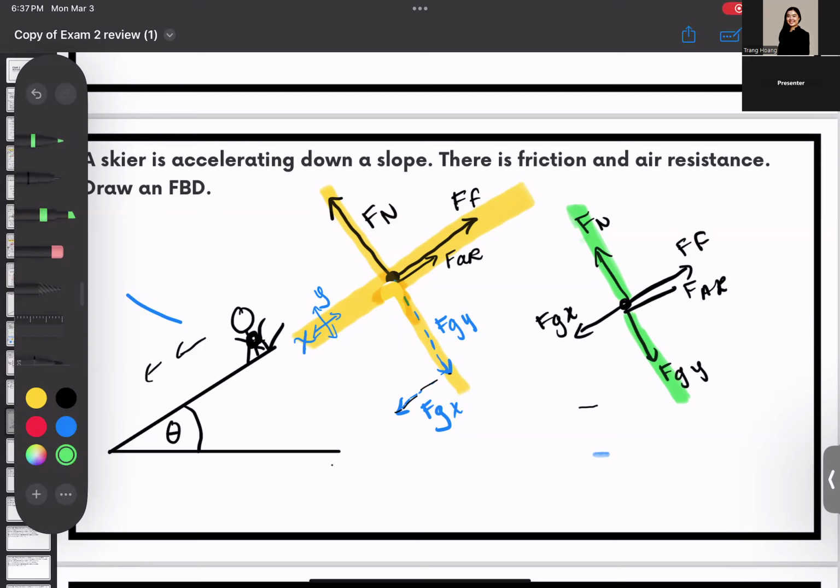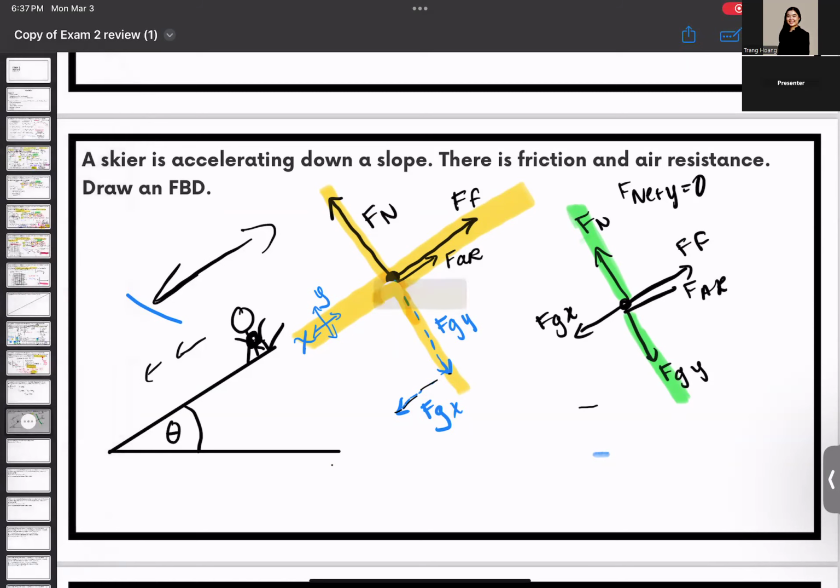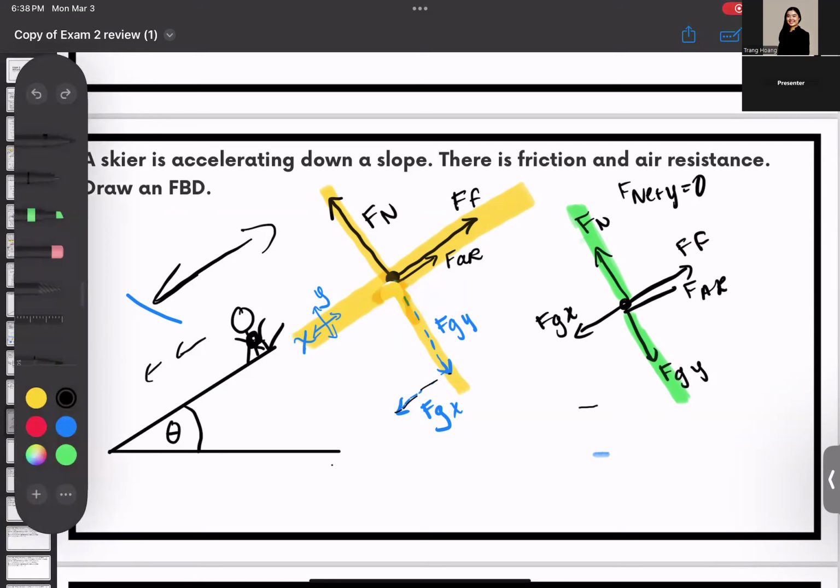That means our net acceleration in that y direction is going to be equal to 0, because he's moving this way, not this way. So all that means is that there is no acceleration up and down because he's not moving that way.